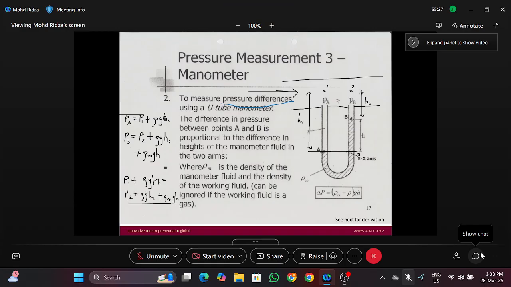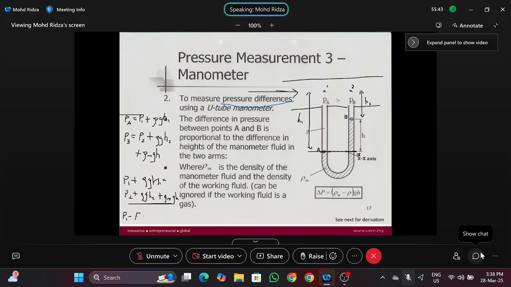Right. So from here, you can try a few things to figure out. I can bring my P2 to the left hand side. So in the end, I have P1 minus P2, which is what we want.